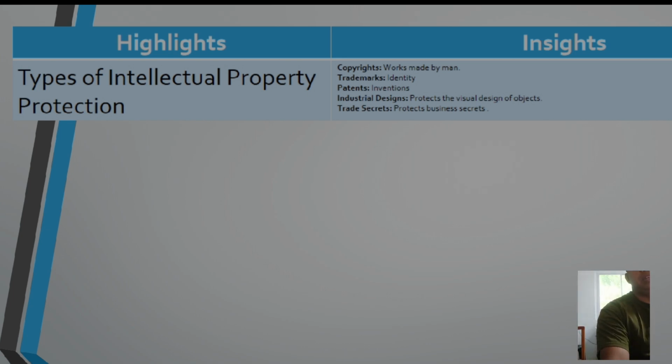For example, if there's an innovation or an invention made by a person, he or she needs to have a patent in order to make it his or her own, to avoid being copied or imitated by other people, and also to secure the identity of his or her innovation or invention.